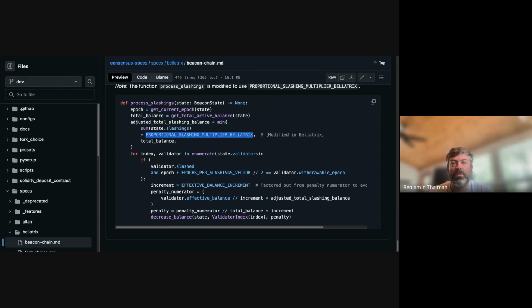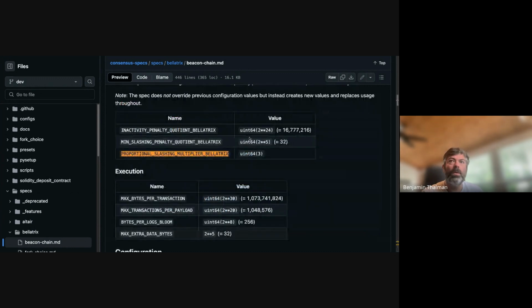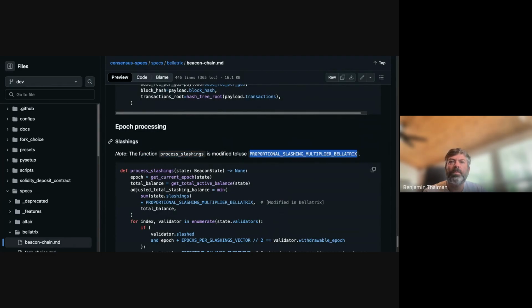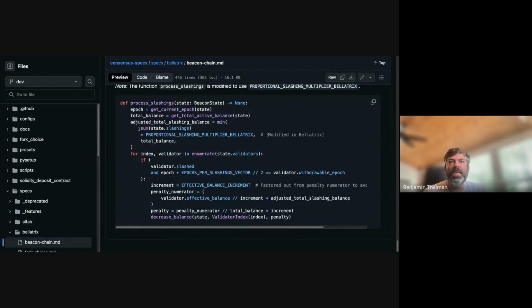And if you'll remember, that's 3. Might as well just take a quick look. Here you can see 3. uint64 is the type, but 3 is the actual number there. So you can see it's the sum of validators by effective balance multiplied by 3. That's what this will return. And again, the minimum is just to avoid taking more ETH than is there.